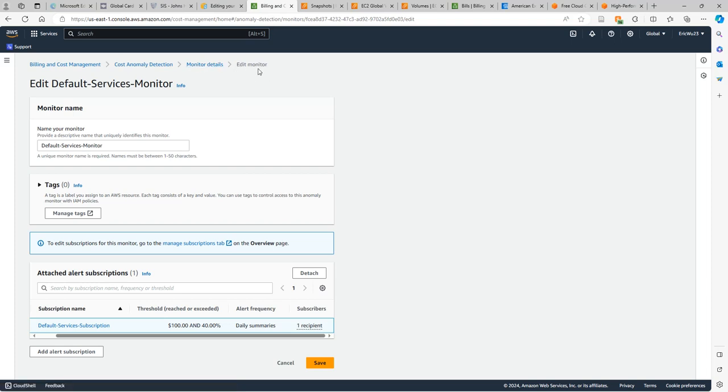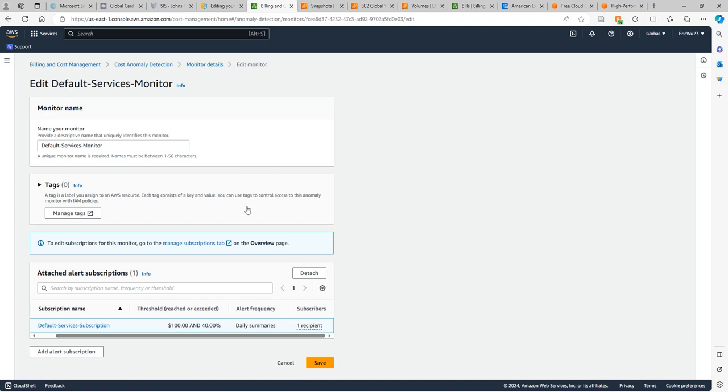You could add some monitors. Previously I did add this monitor, but this dollar amount is too big, right? I was only charged like 4.61 per month, and this is obviously 100 something.